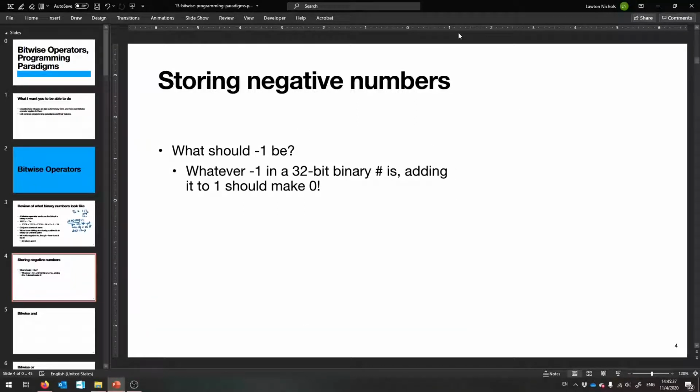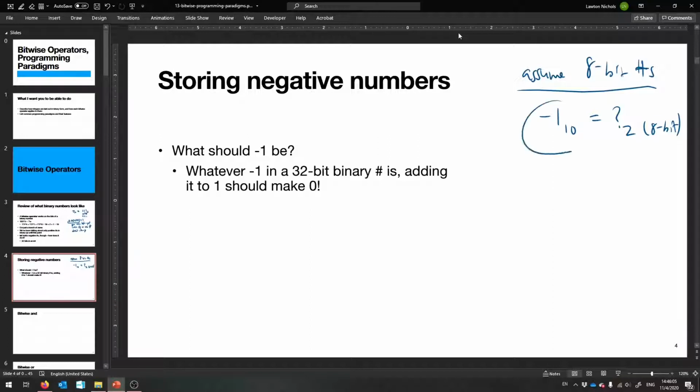Okay, so let's pretend we have 8-bit numbers. Assume 8-bit numbers, and we need to figure out what -1 in decimal is in base 2, 8 bits.